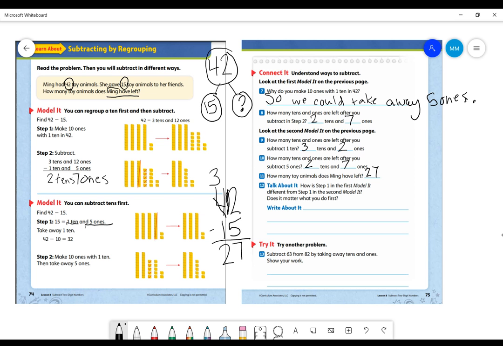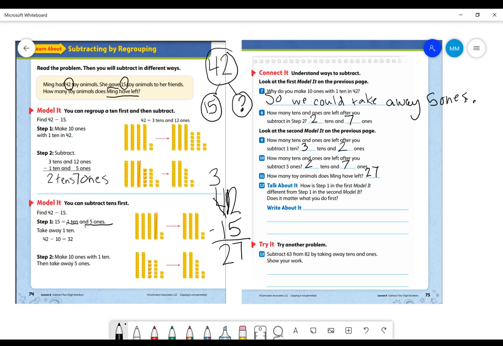So we busted up a 10 into 10 ones and then subtracted our ones and then the tens that were left. In the second model, we went ahead and we took away 1 ten from 42 because 15 was 1 ten and 5 ones. So in the first one, we busted a 10 into ones. And in the second model, we just took away a 10.